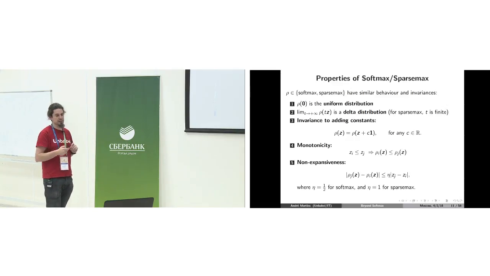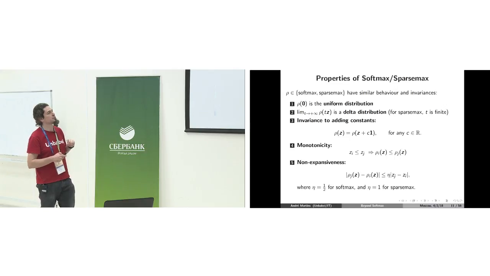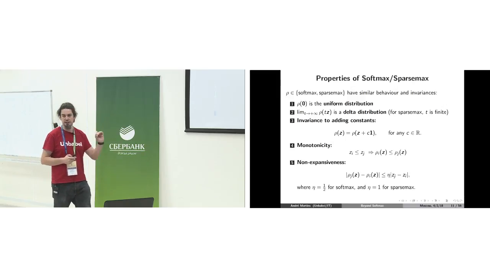If we start with a vector z where all coordinates are different, and you make t go to infinity, as you use this scale factor, then the softmax transformation is going to pick the largest coordinate of z. It's going to give something very close to probability 1 to the argmax, and something very close to 0 for the other points. In the limit, it's going to be a delta.